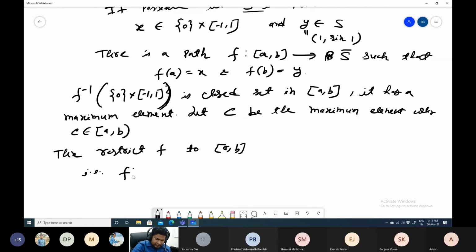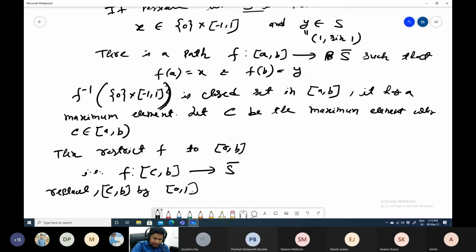So that f is a function from [c, b] to S closure. Okay. Now we replace [c, b] by just open interval [0, 1].